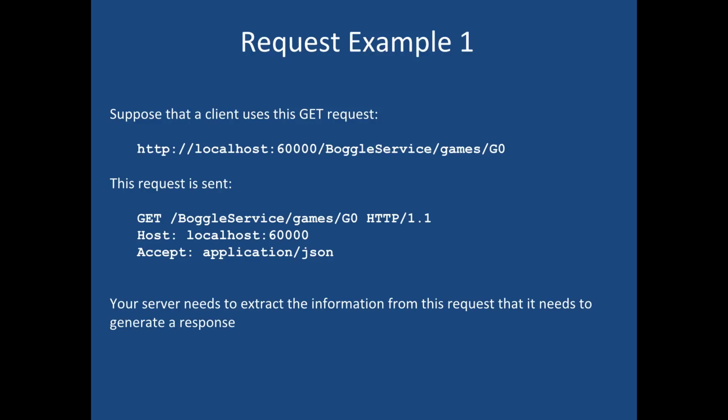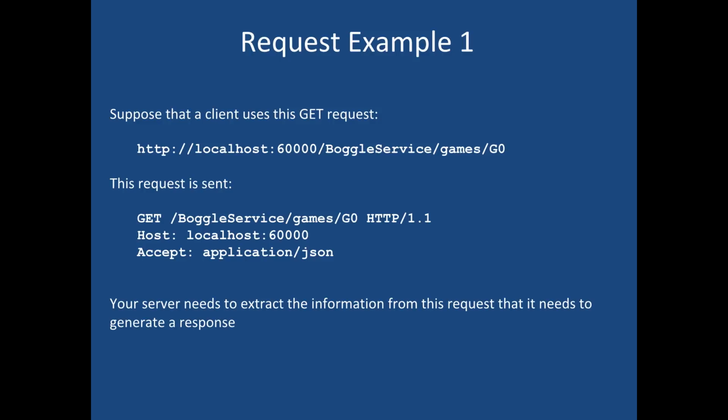So we're going to go through the life cycle of a request. This comes in at that URL. This is what you will see. The first line will be a GET, just the word GET. Then it will say /boggleservice/games/G0, where that's meant to be a game ID, then HTTP/1.1.